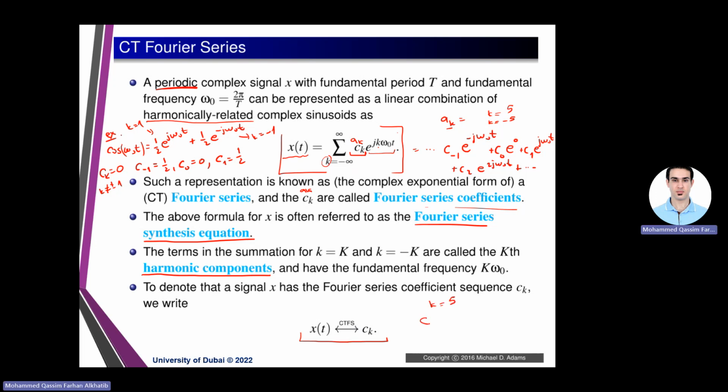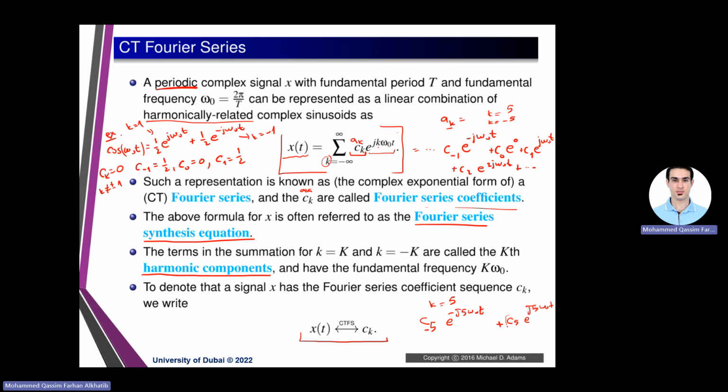So I have C of negative 5, e to the power negative j 5 omega naught t. I'm just substituting 5 instead of k. And since it's a summation, this is C of negative 5, sorry, and this is C5, e to the power j 5 omega naught t.